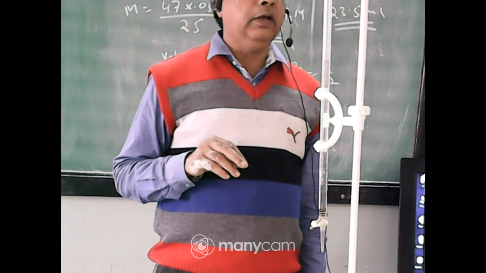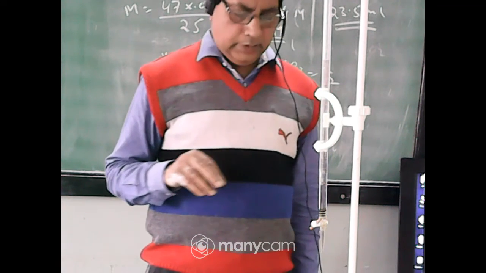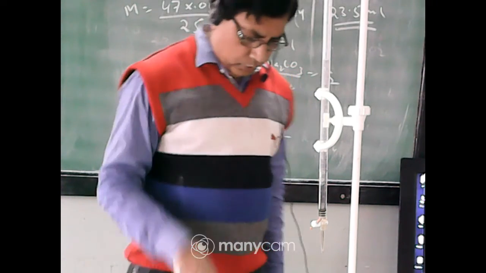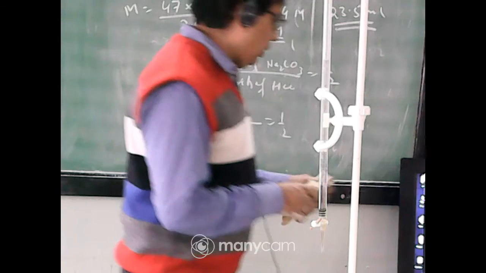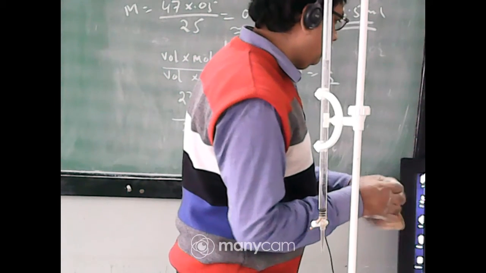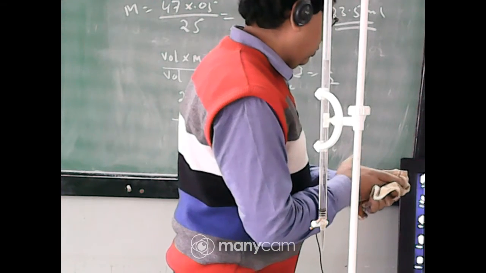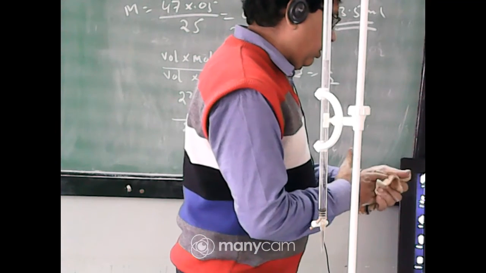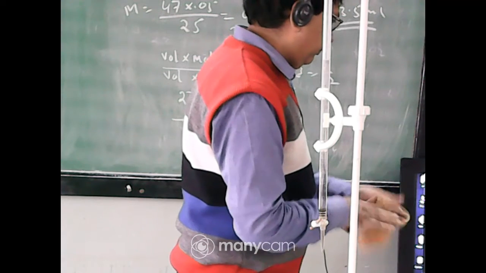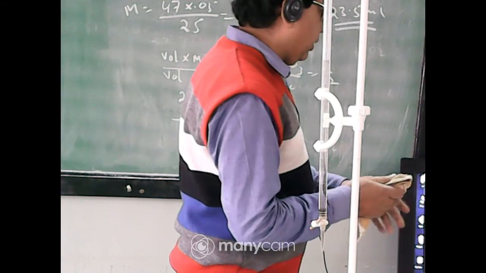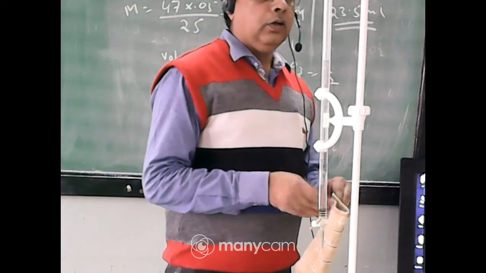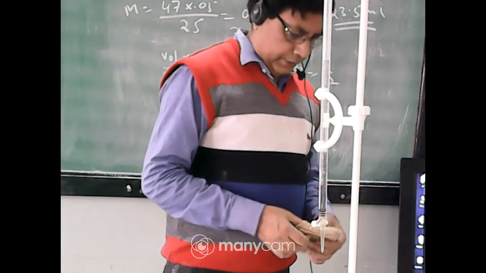And then finally, the organic practical. The laboratory notebook is available in school. You must submit the practical at the end of January. I hope within these 2 months, some practical classes will be completed.